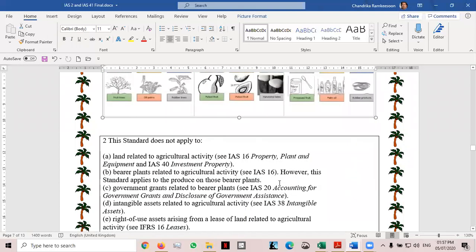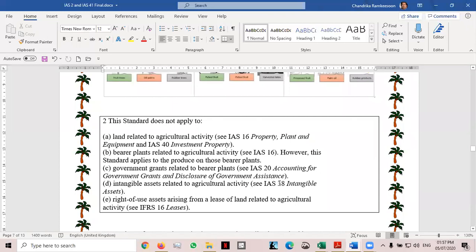Now, very important, as usual, what you would normally see is what the standard does not include. This standard does not apply to land related to agricultural activity, which of course is IAS 16. Bearer plants related to agricultural activity, which of course was at one time under IAS 41, but are now under IAS 16.